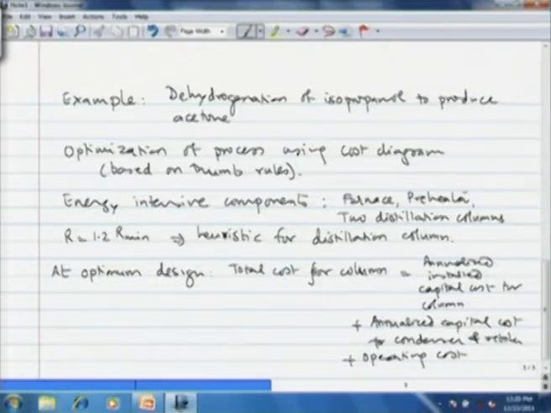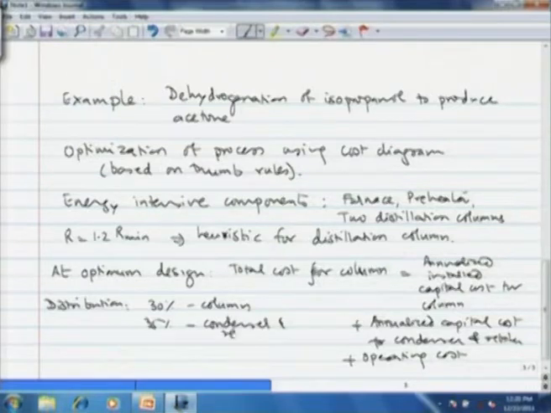The distribution of this total cost should typically be 30% for the column, 35% for the condenser and reboiler, and the rest 35% for the utilities at the condenser and reboiler. Okay. This is given by Happel and Jordan.